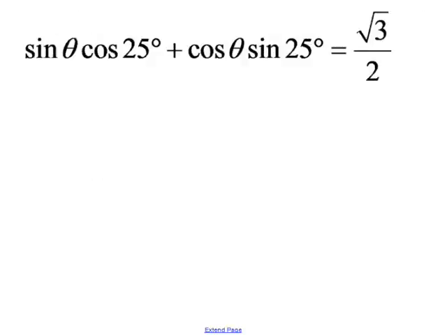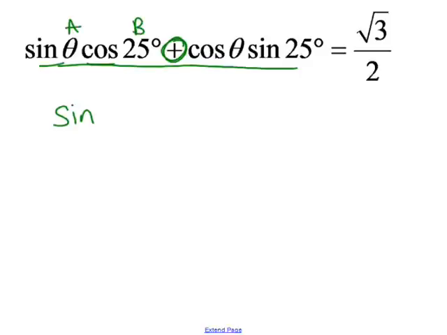All right, so the first thing you have to do is look at this left-hand side and see, is that a cosine composite or a sine? Since it goes sine, cosine, then we know it's sine. And because of the plus sign, this is A, this is B, and so this is sine of A plus B. So you can rewrite sine A cosine 25 using the property, and I'll just write the property up here so you're used to it.